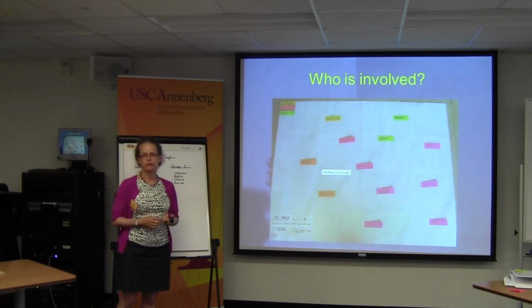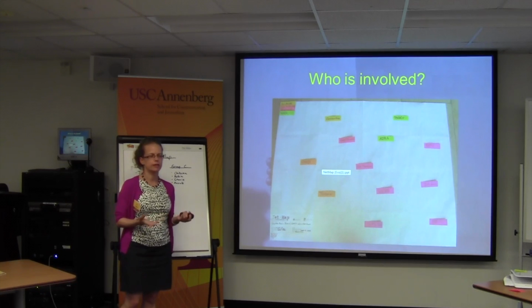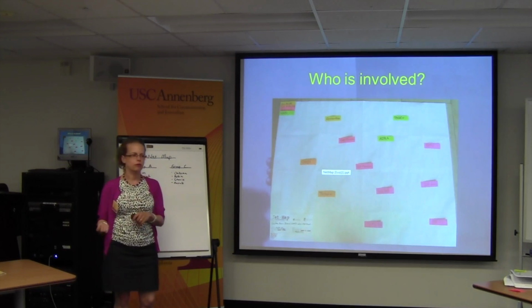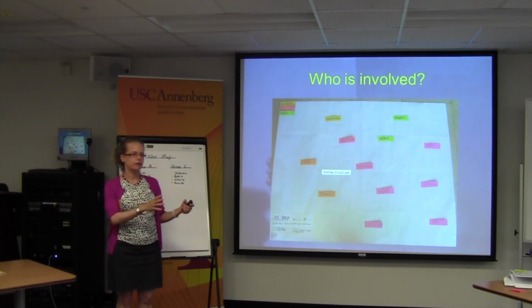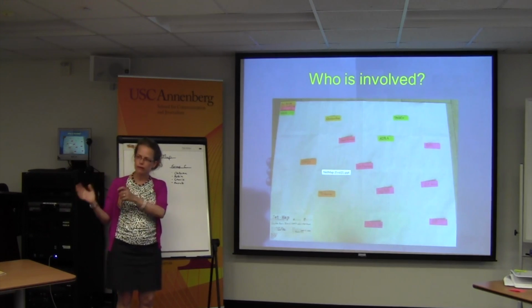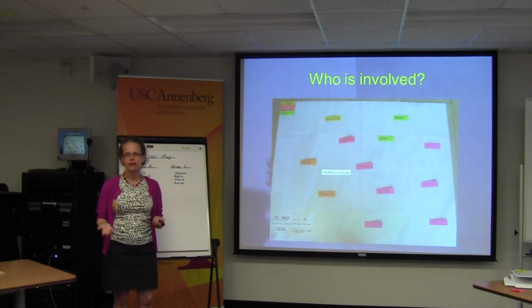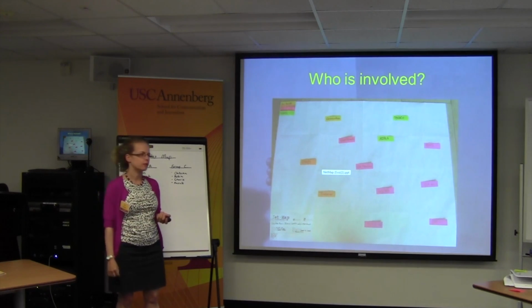But it really depends on what case you're looking at. For example, when I did this with Procter & Gamble, looking at how they can get more washing powder on the shelves of the retailer Costco, we had one color for the internal Procter & Gamble people, one color for the Costco people, and one color for everyone else. So it really depends on what your case is, what colors you want.